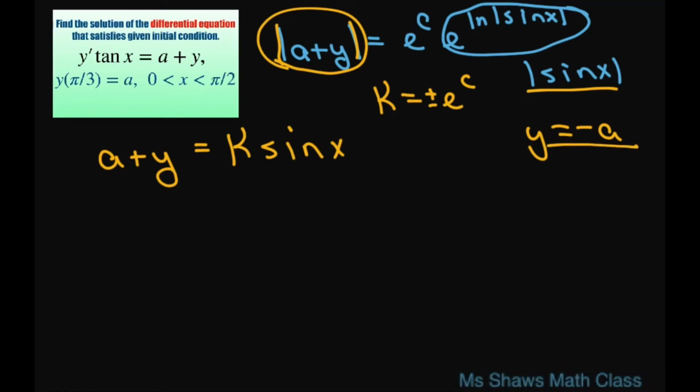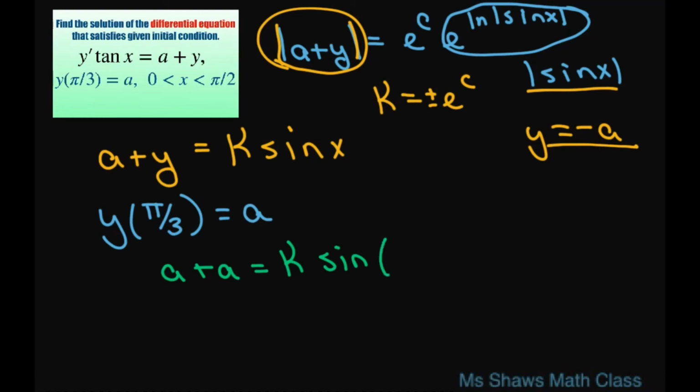So now let's do our initial condition. We have y of pi divided by 3 equals a. So substituting that in, we're going to get a plus a equals k times sine of pi divided by 3.